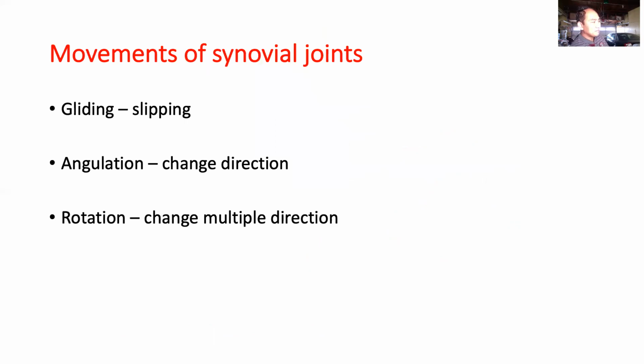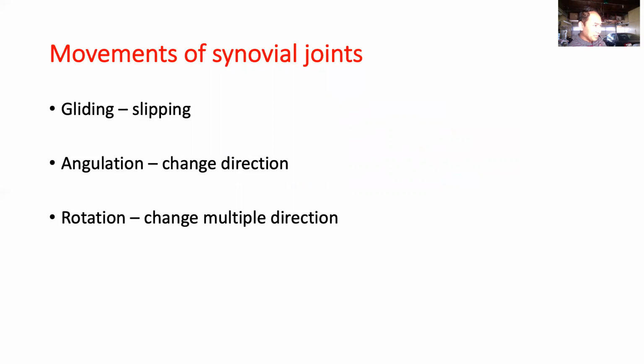So movements of the synovial joints, how do they move? Number one, they just slip on each other, which is called gliding. Number two, they will change their direction, which is called angulation. And number three is a combination of everything, like twisting around and around. That is called rotation. For example, rotation is your shoulder joint.